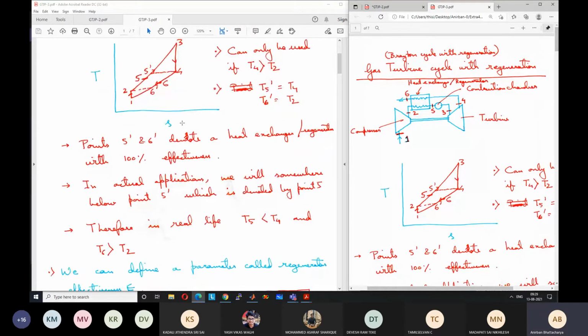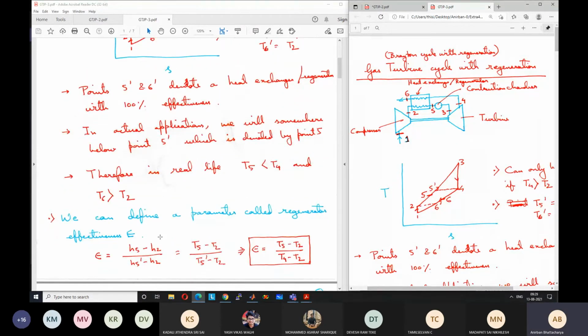So we can define a parameter called regenerator effectiveness. This is given by epsilon equal to (H5 minus H2) by (H5 dash minus H2). Let us look at this diagram. Ideally, the change in enthalpy that should occur is H5 dash minus H2, but in real life we get H5 minus H2.